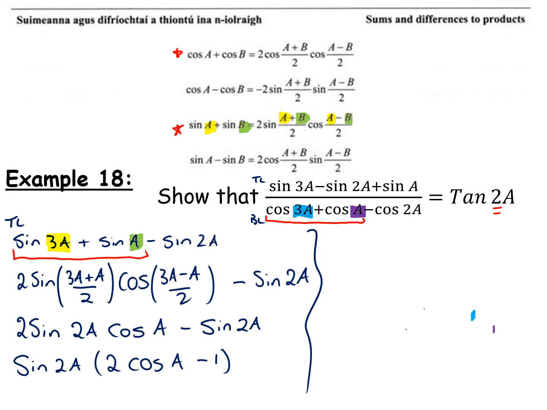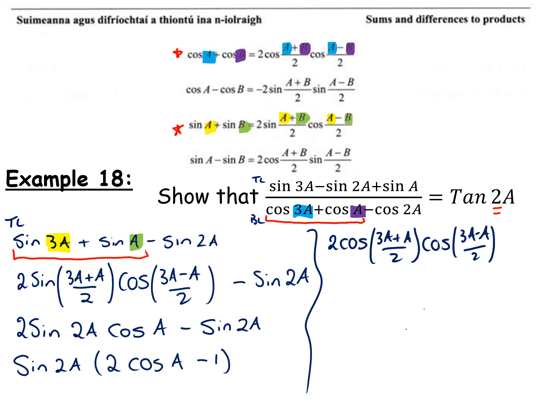And we have a's in the blue and b's in the purple. So working with the cos of 3a plus the cos of a, we get 2 cos of 3a plus a over 2 and cos of 3a minus a over 2, and then we still have a minus cos of 2a here.